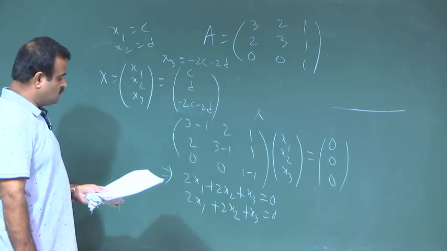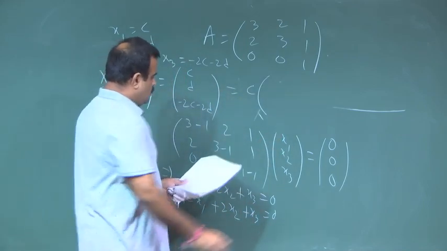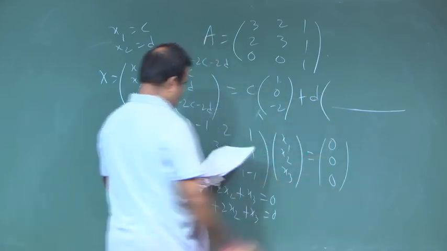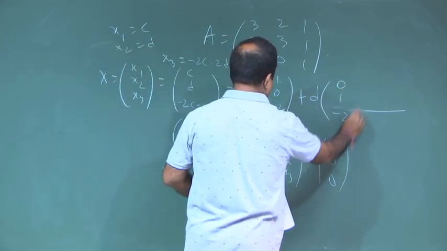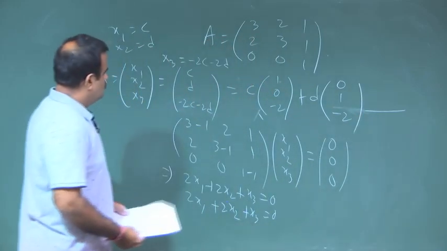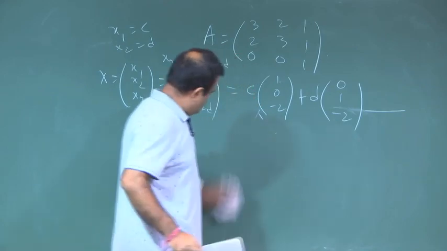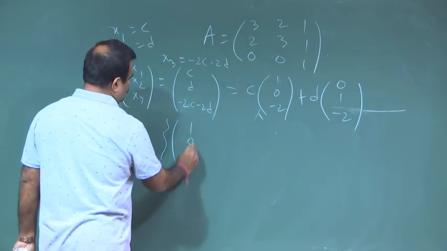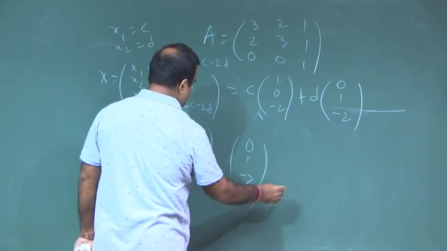That means it has two dimensions. So it is c times (1, 0, minus 2) plus d times (0, 1, minus 2). These two are linearly independent vectors, (1, 0, minus 2) and (0, 1, minus 2).